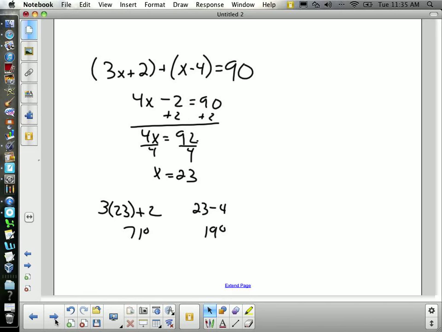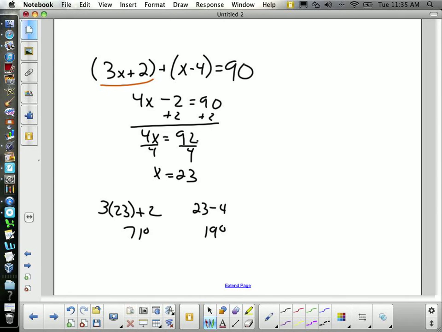It said in the instructions, angle A and angle B are complementary. What does complementary mean? Add up to 90. Thank you. Very good language there. Okay? They add up to 90 degrees. So what does that mean? I took my two angle measures and added them up to set them equal to 90. Did the math. Combined like terms, solved it out. And when I was done, I substituted back into the original equations.